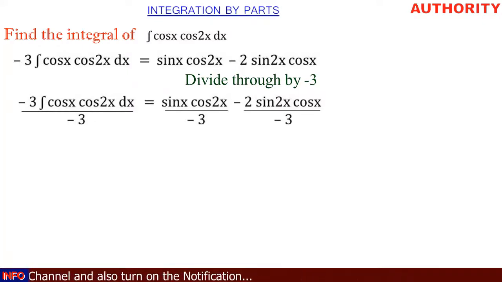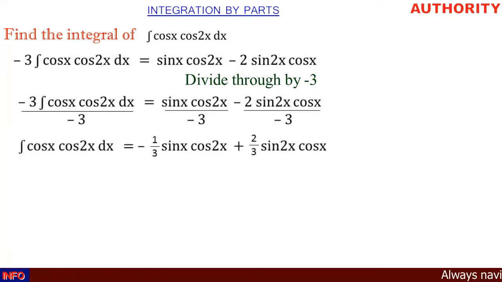All right, so when we divide both sides, we are going to have minus 3 integral of cos x cos 2x dx divided by minus 3 is equal to sin x cos 2x divided by minus 3 minus 2 sin 2x cos x divided by minus 3. So when we cancel in the left hand side, we are going to have integral of cos x cos 2x dx is equal to, we can simply factor out 1 all over 3. So we have minus 1 all over 3 sin x cos 2x.